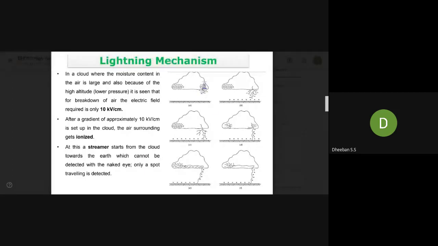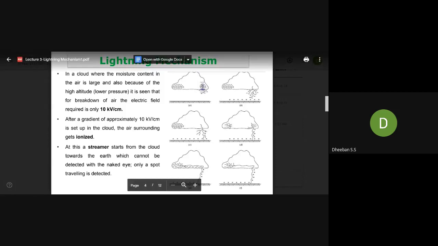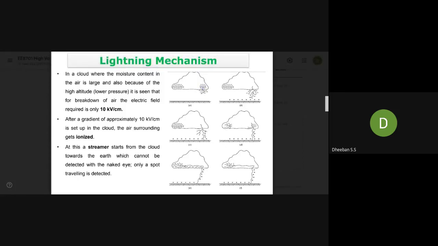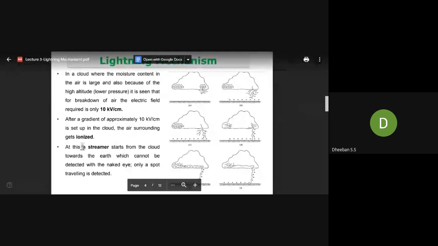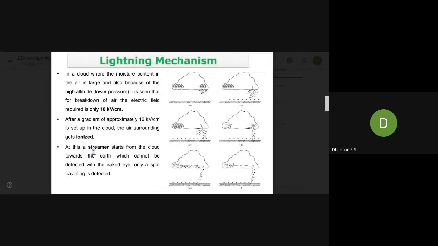I have already said in the first lecture that in order to have a lightning, there must be an upward stroke from the cloud as well as a return stroke from your ground. When these two get joined, we get a perfect lightning. Similar to that, a streamer starts from the cloud towards the earth.